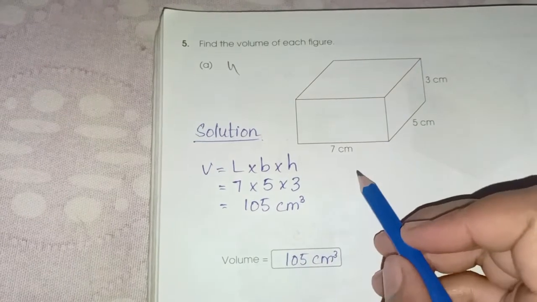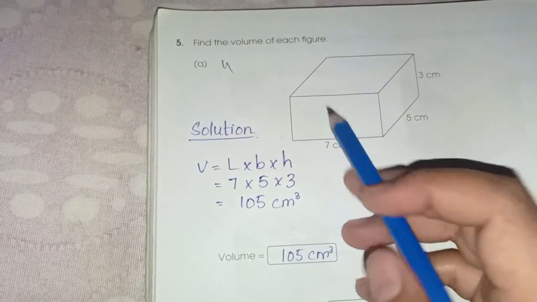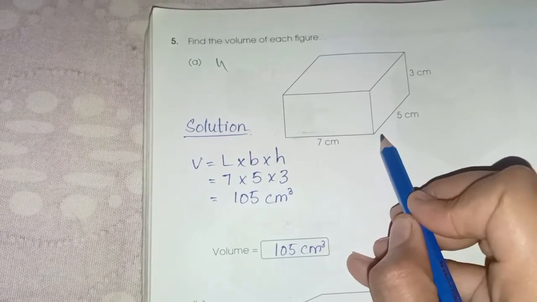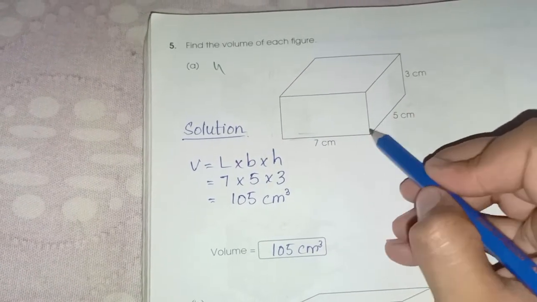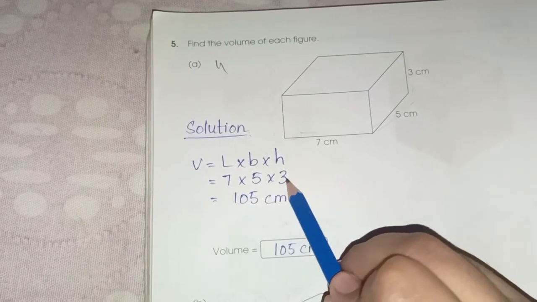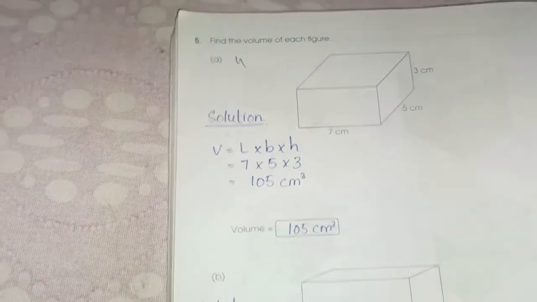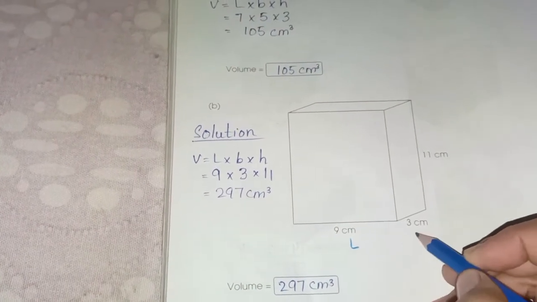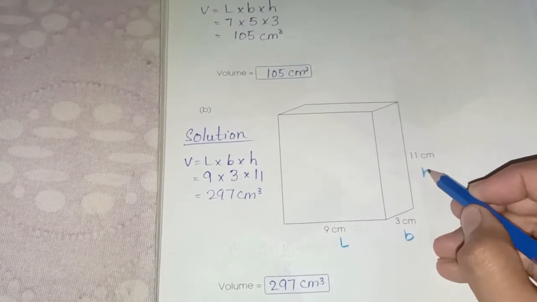Now here we have to find the length, breadth and height to solve for the volume. So this is the length, this is the breadth and this is the height. 7 multiplied by 5 multiplied by 3 is 105. Again we have length, breadth and height.